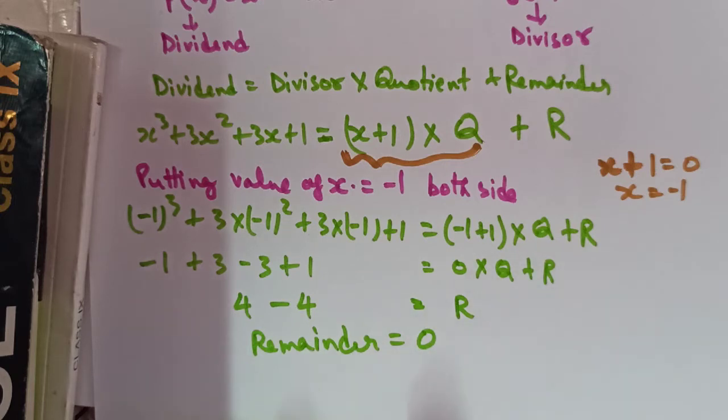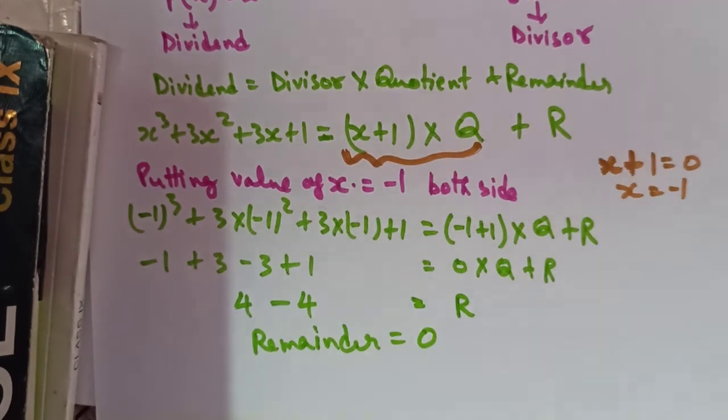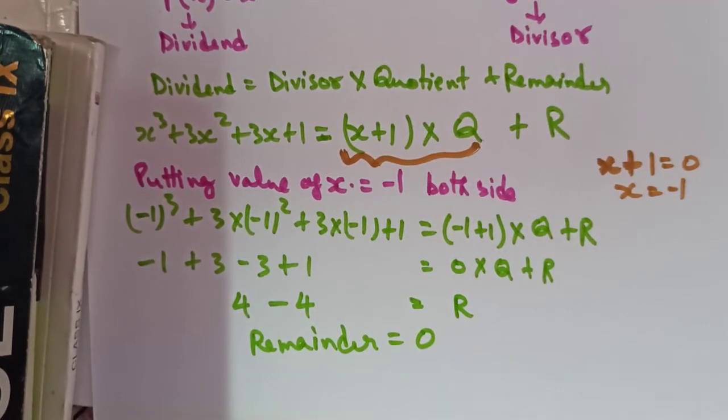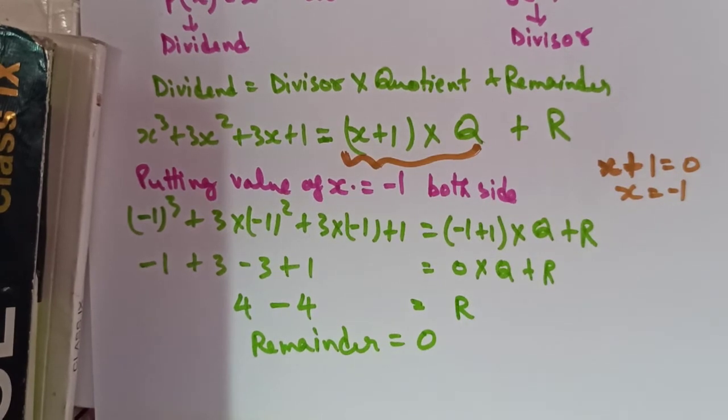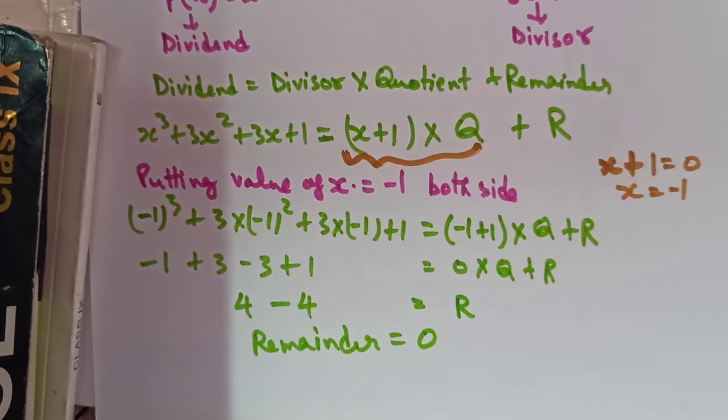So I have shown one part by all 3 methods, but all the other parts I will do by the remainder theorem method, because it is the most preferred method. So please do it by that method only.